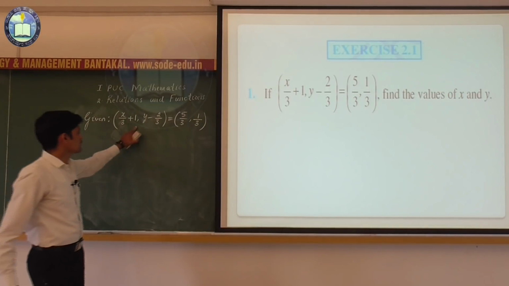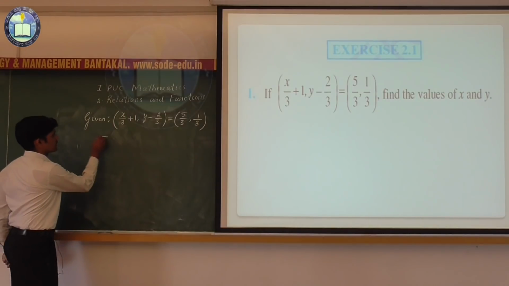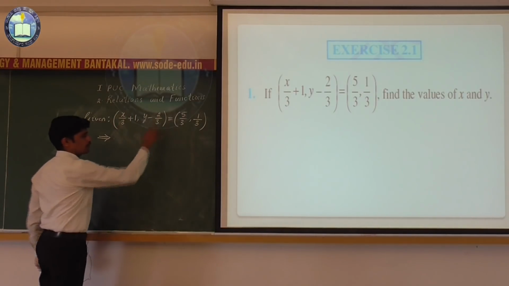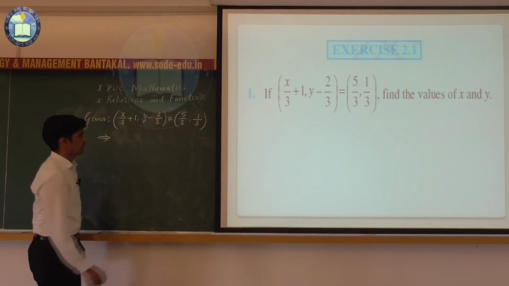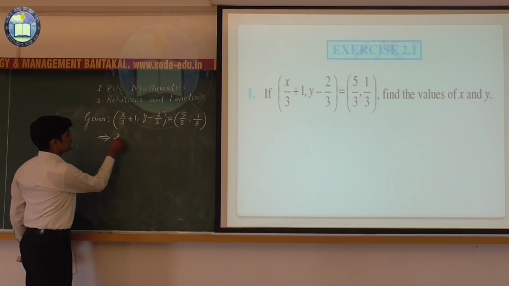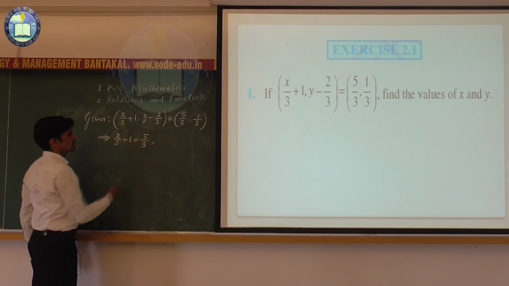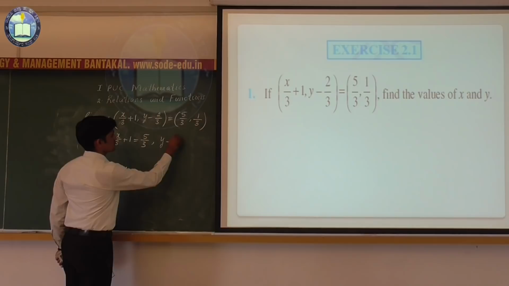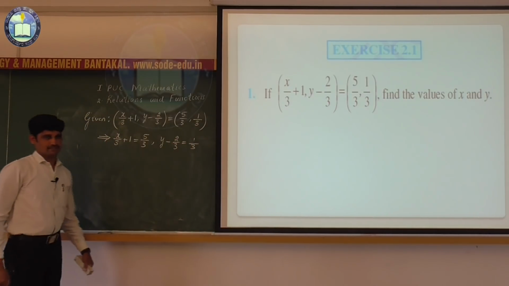We have already discussed the equality of ordered pairs. Ordered pairs are equal means the corresponding first elements are equal and the second elements are also equal. This implies x by 3 plus 1 is equal to 5 by 3 and y minus 2 by 3 is equal to 1 by 3.